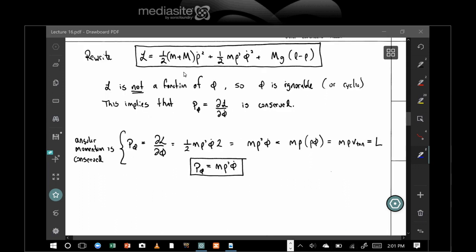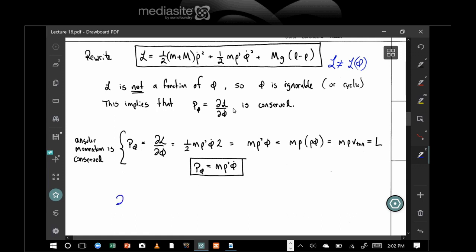So again, I rewrote my Lagrangian, and it is a function of rho dot, rho, and phi dot, but it is not a function of phi. That means phi is a cyclic or ignorable variable, and the partial of L with respect to phi dot is equal to a constant. You may ask, why is that?